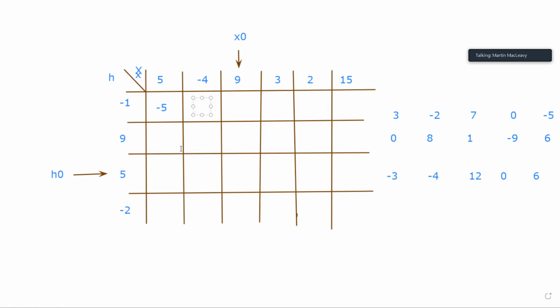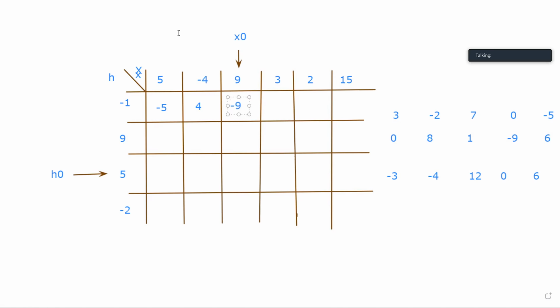I'll fill in this whole table, and that's 4. And over there, -9.